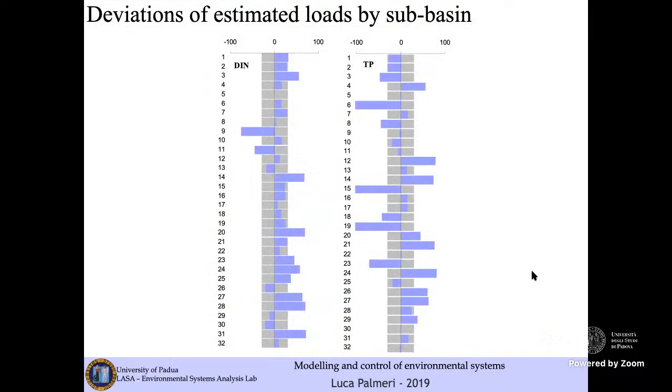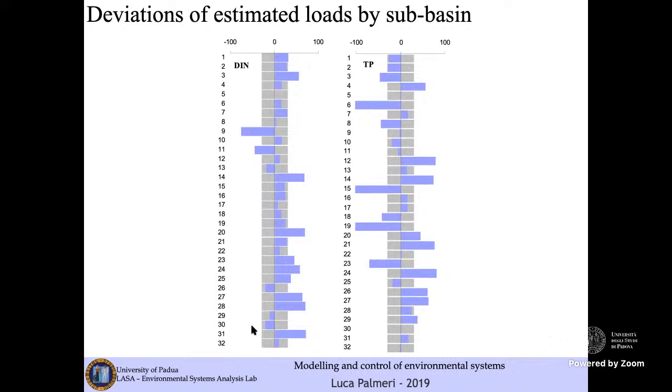This is an evaluation of the errors. Again, we see that for the 33 subbasins, the violet bars refer to bigger errors, while the model is working well if the violet bars are smaller than the gray bar.